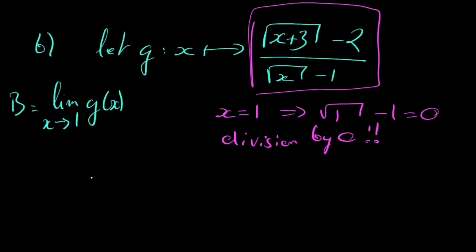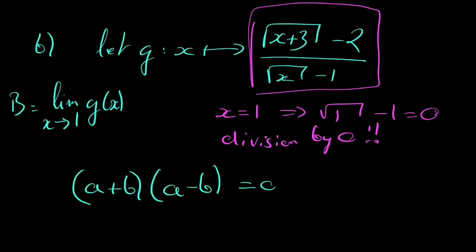So let's try. We remember that a plus b times a minus b is equal to a squared minus b squared. We're going to use this identity to get rid of this square root and this square root.